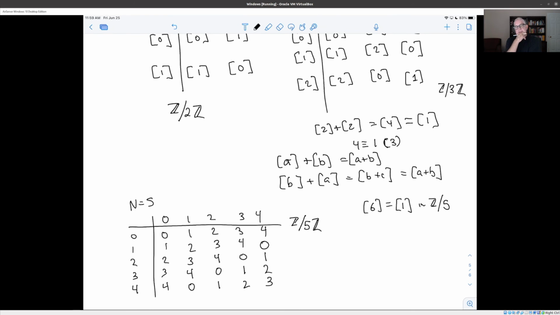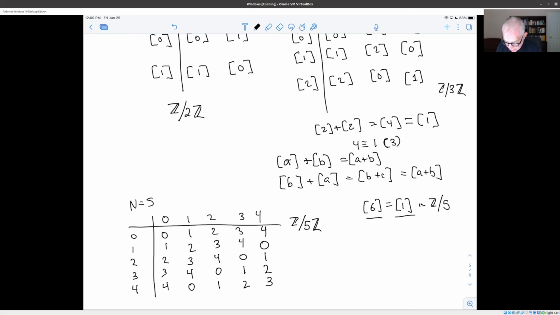And this may seem odd, that you can have multiple names for the same thing, but actually if you think about the way fractions work, it doesn't bother us anymore that you can have multiple names for the same fraction, like 1/2 or 2/4 or 3/6. They're all the same fraction. And similarly, when you're working with congruence classes, you can have multiple names for the same congruence class. So the congruence class that's 1 mod 5 is the same as the congruence class that's 6 mod 5.